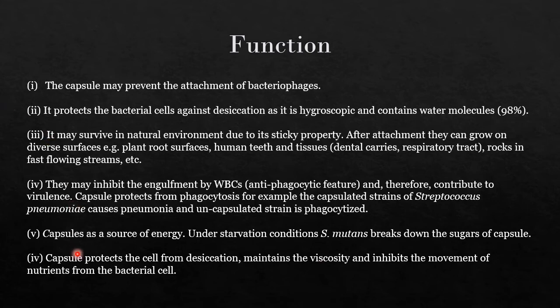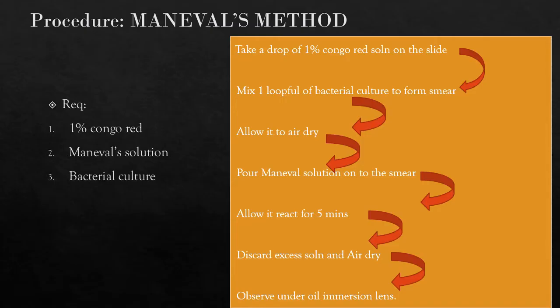Then next, the capsule protects the cell from desiccation, maintains the viscosity and inhibits the movement of nutrients from the bacterial cell. So these are some functions. For viva purposes, you may need to remember at least three or four functions out of these. These simple functions you can remember and prepare for your practical exams.